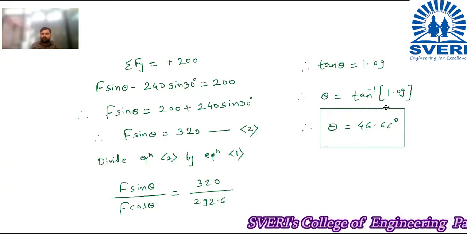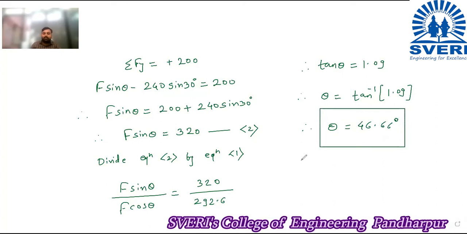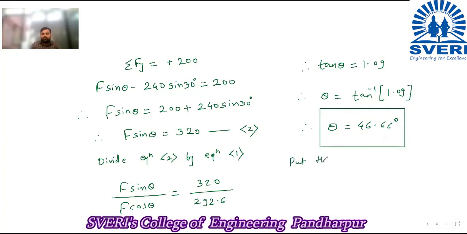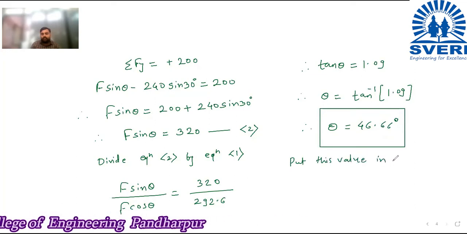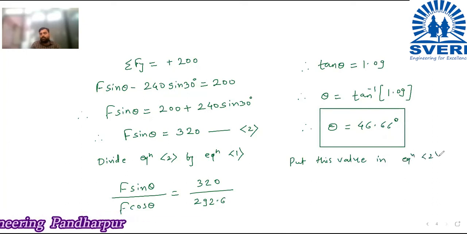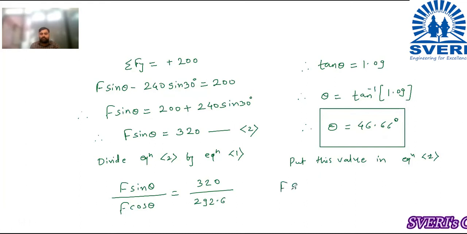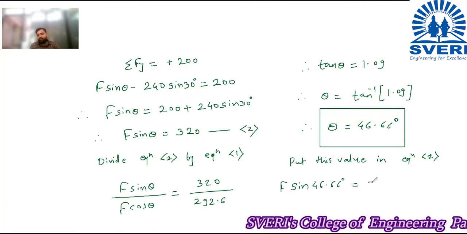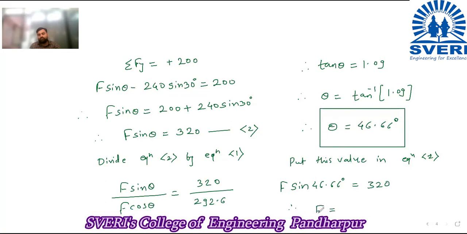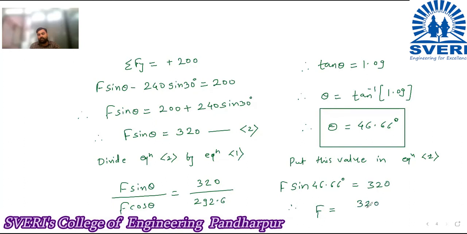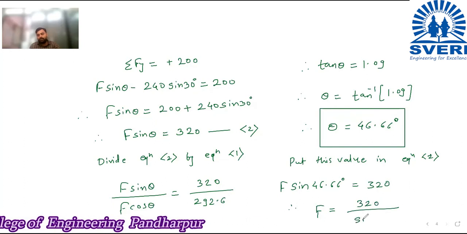You got one answer. Now similarly, I will write here, put this value in equation 2. Now if I put this value, you can put this value in equation 1 also. So it will be F sin 46.66 degree, which is equal to 320. So therefore F is equal to 320 divided by sine of 46.66 degree.